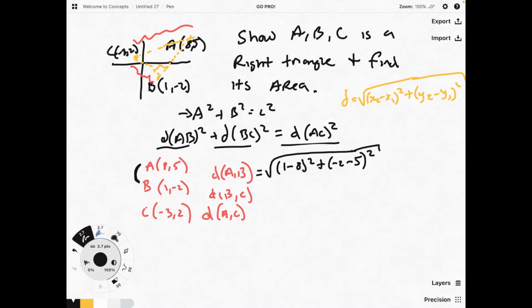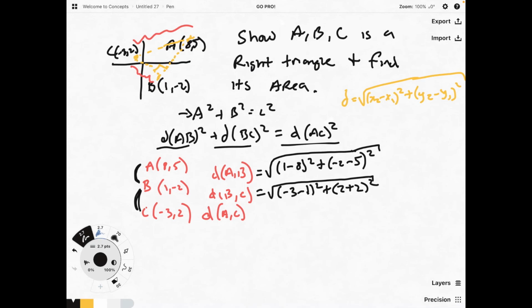If we look at the equation for our second one between B and C, we are going to get the square root, using C as x2, of -3 minus 1 squared plus 2 minus -2, which means that's a +2, squared.